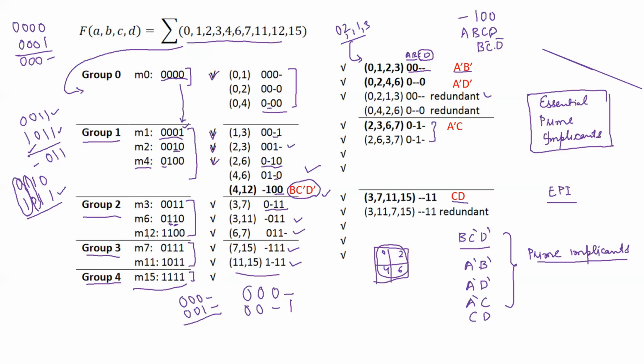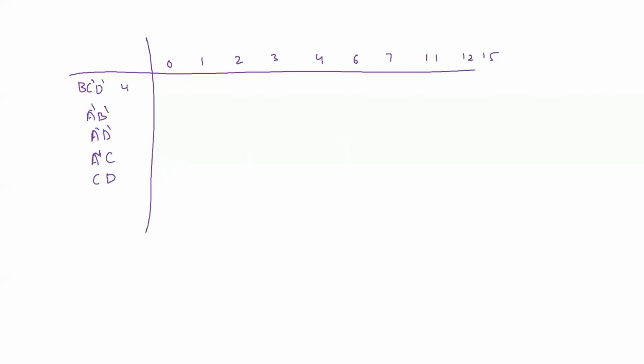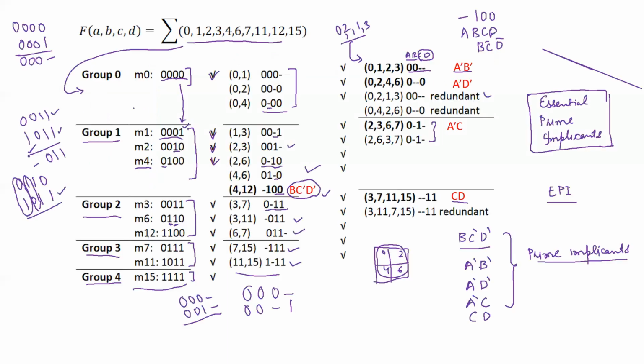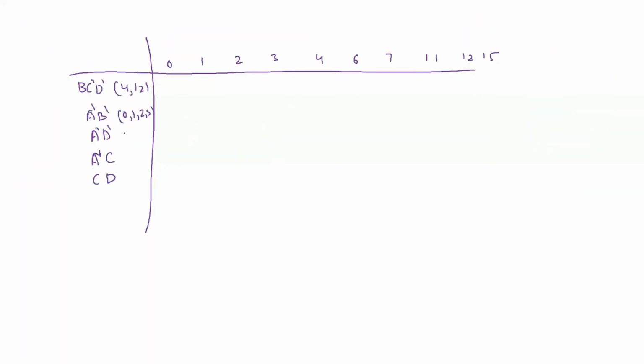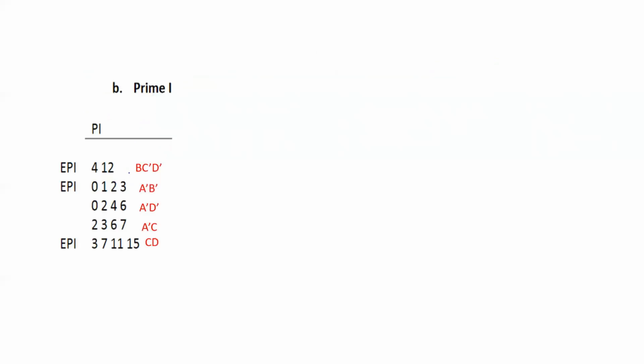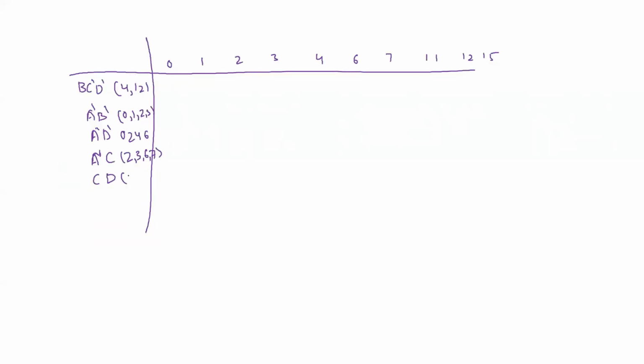And here you are supposed to write the groups for which you are getting them: 4, 12, then 0, 1, 2, 3, then 0, 2, 4, 6, then 2, 3, 6, 7, then 3, 7, 11, 15.